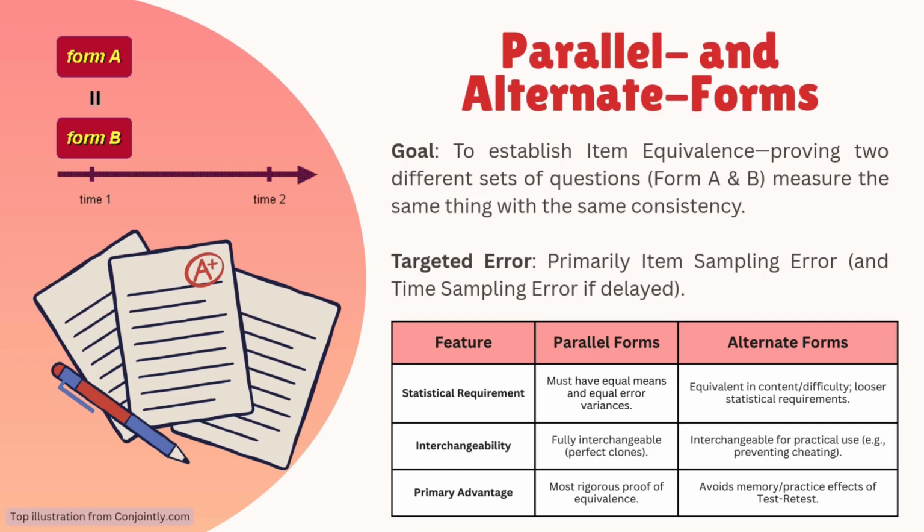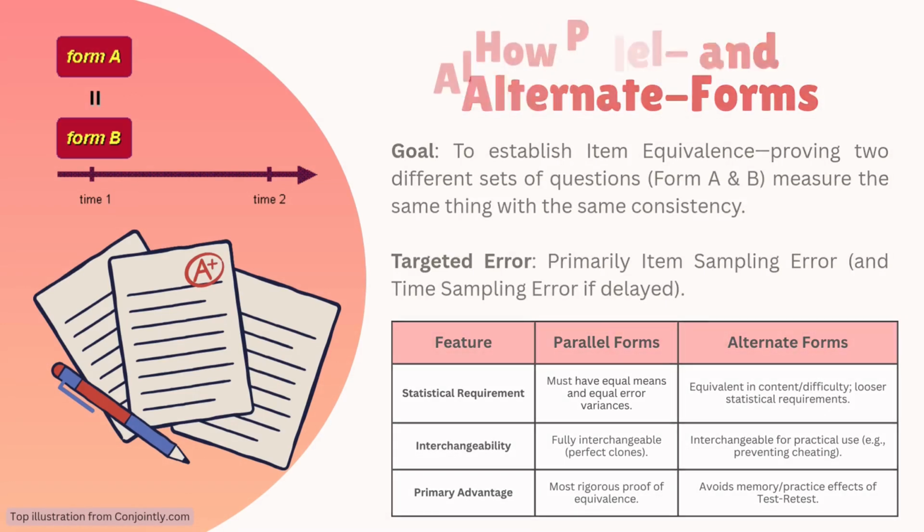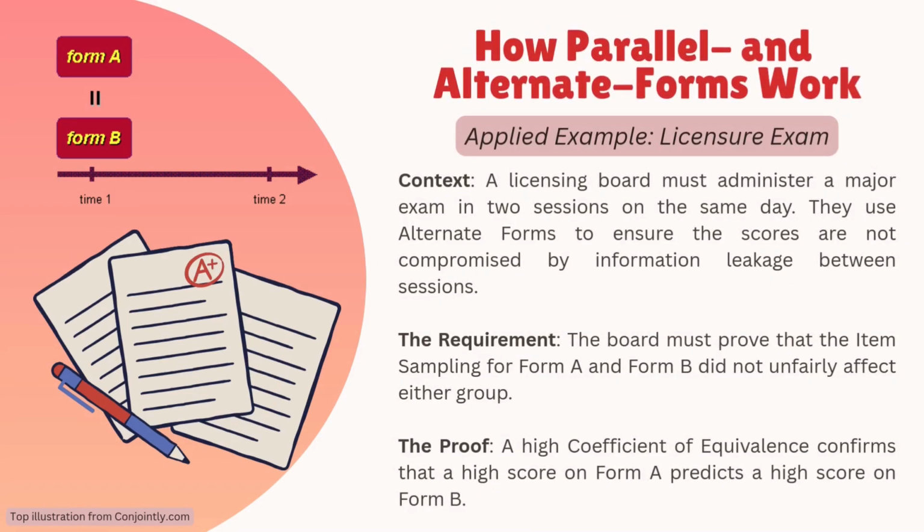So now let's go over a real-life example of this. As mentioned, this is one of the most rigorous and best methods for minimizing issues, such as remembering answers or cheating. So imagine the Certified Public Accountant Licensing Board. They need to administer a major exam on the same day in two testing sessions, basically one in the morning and one in the afternoon.